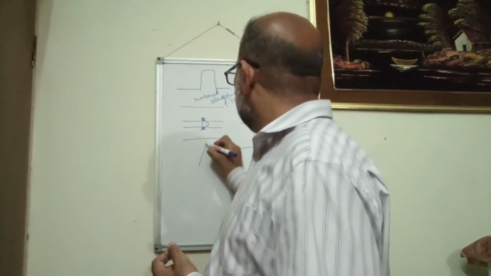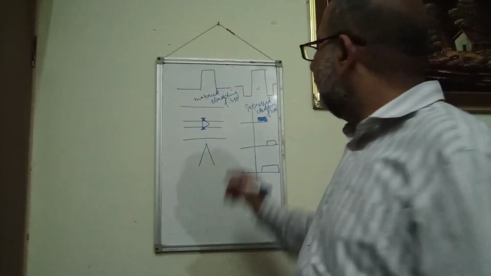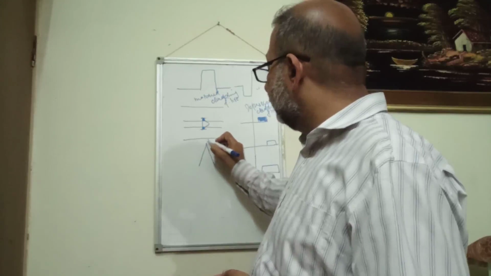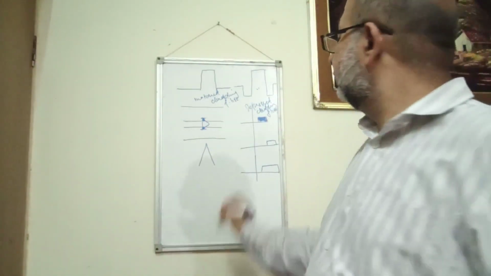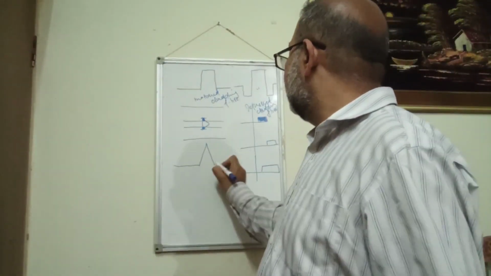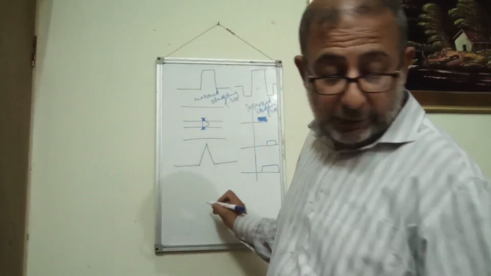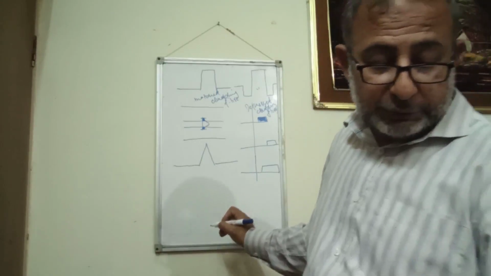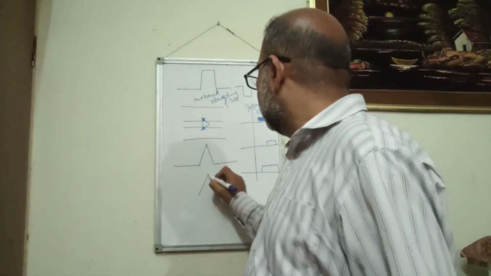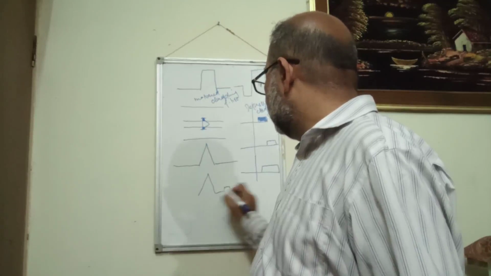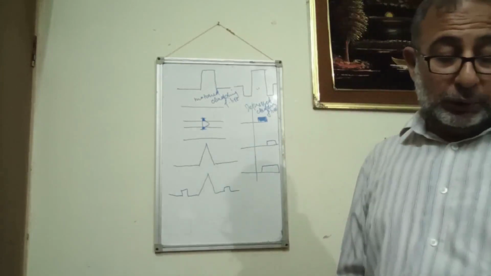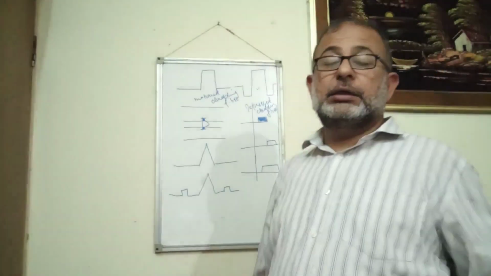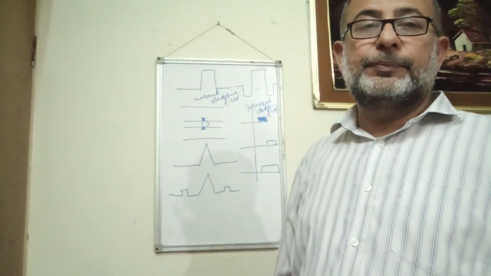We can have a ramp index. It increases to a certain point, then decreases in a ramp format. It can be like this, or we can have different options for this. We can have like this. In this way, what we get is a dispersion shifted fiber.